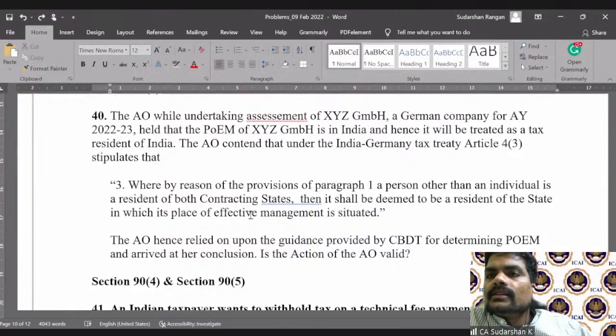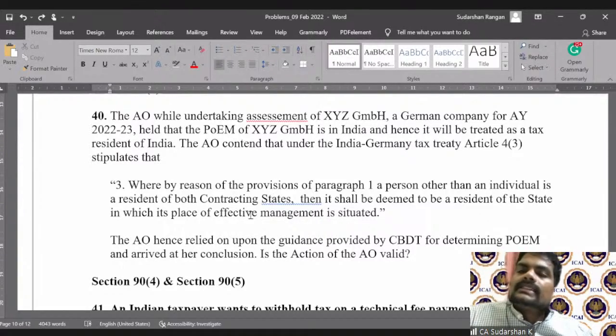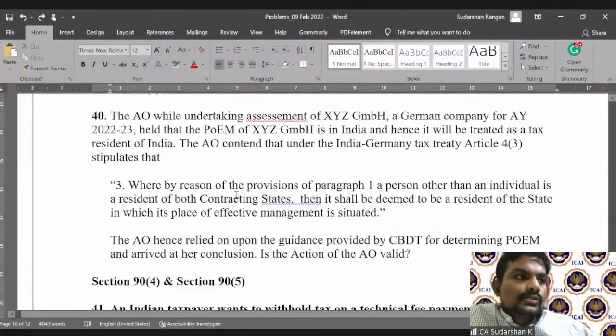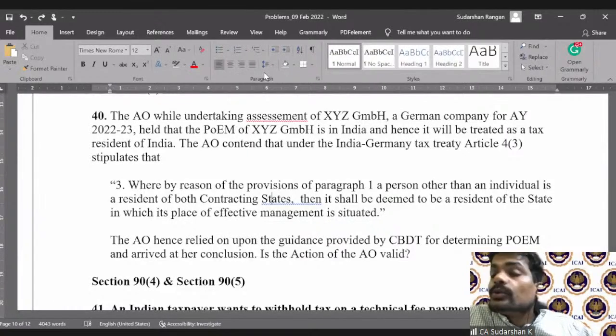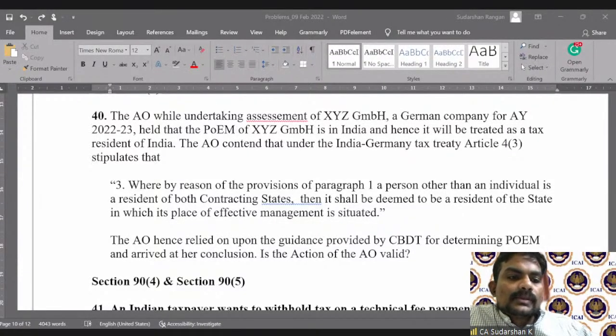Naturally, as a German company, you will say, why did you choose the place of effective management definition under the Indian laws? You should have taken it under my country's law. Normally speaking, place of effective management is a general term not defined in the treaty. So we need to see whether we should go to the Domestic Act to see if that definition is specified.